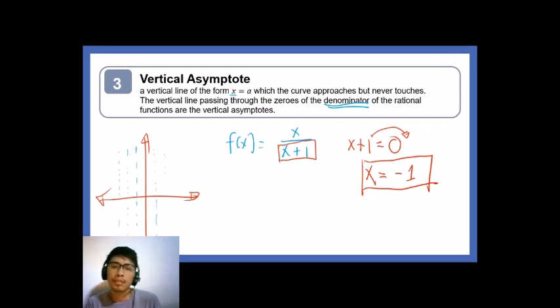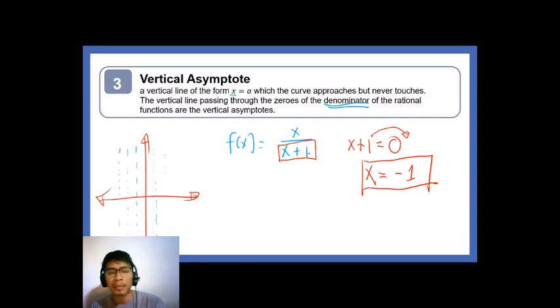As you can observe here, the vertical asymptote is in equation form, because as we defined earlier, asymptotes are imaginary lines. So once you're asked about a line, you have to describe the line in equation form. That's how you remember it.